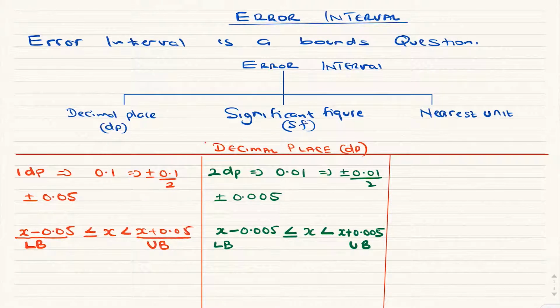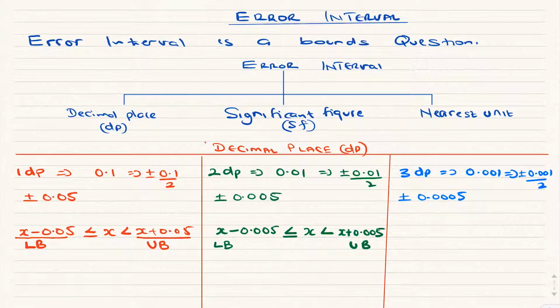For 3 decimal places of x, 3dp, which implies we should use 0.001, and the bound for that will be plus or minus 0.001 divided by 2, and that will give us plus or minus 0.0005.